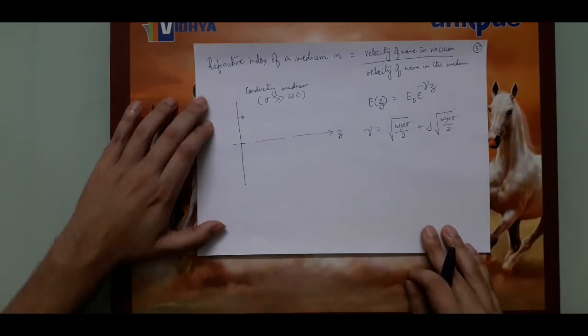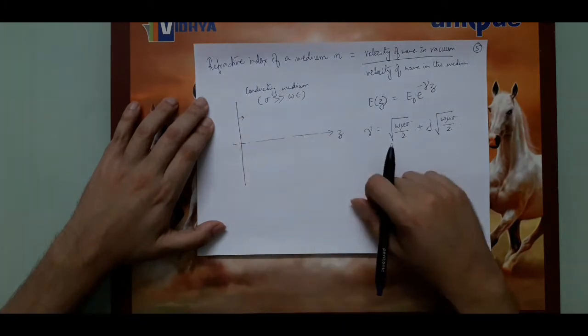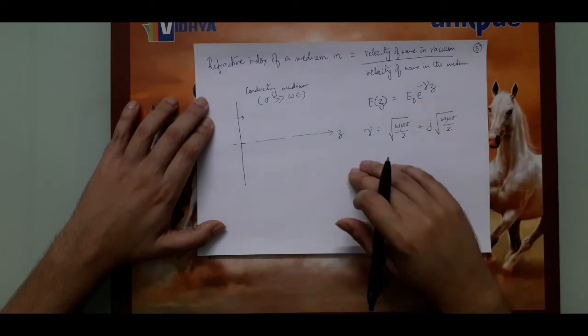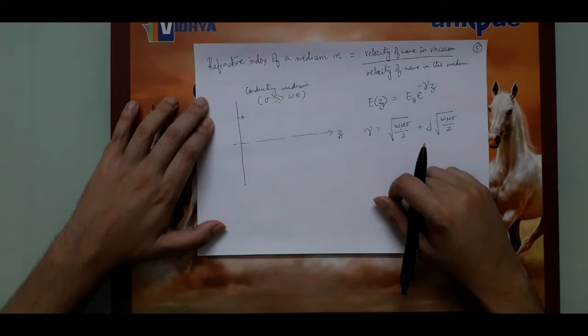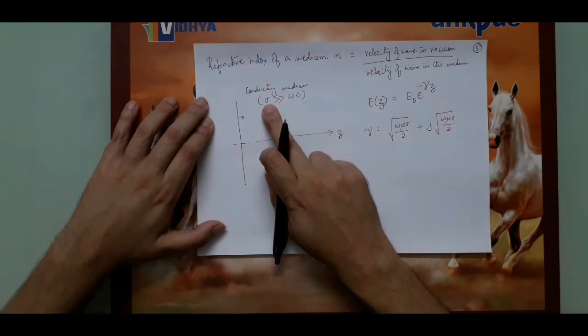So now what will happen is, because of this electric field which is entering the medium, there will be some current due to the electric field, because the medium has finite conductivity sigma.